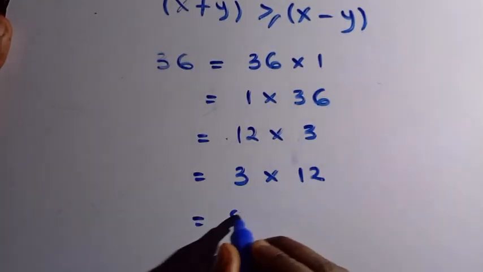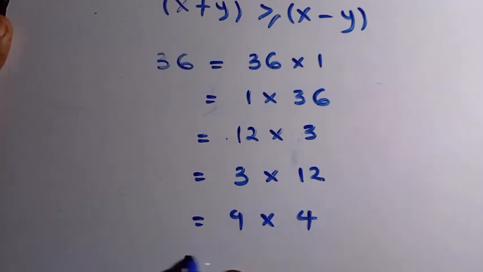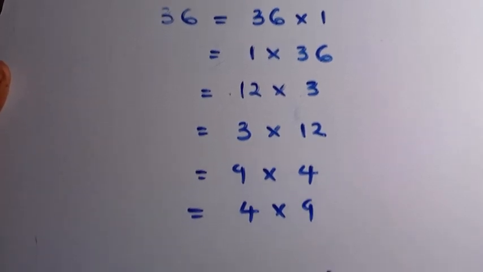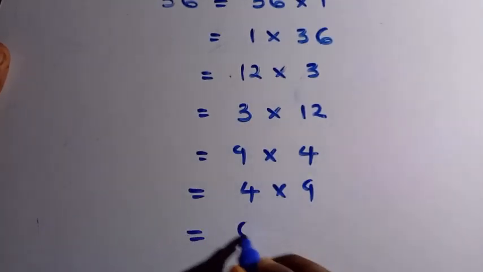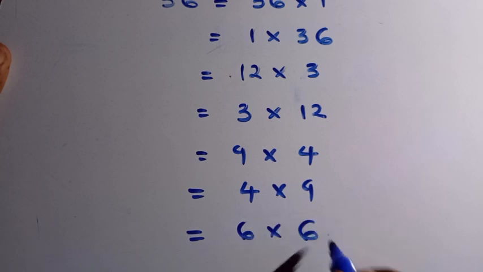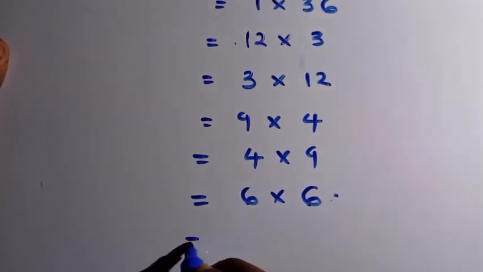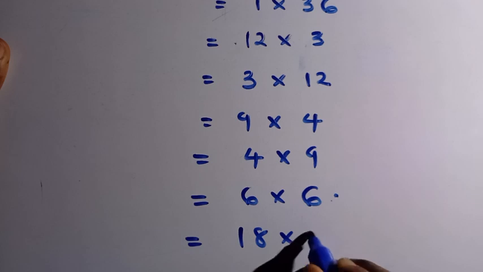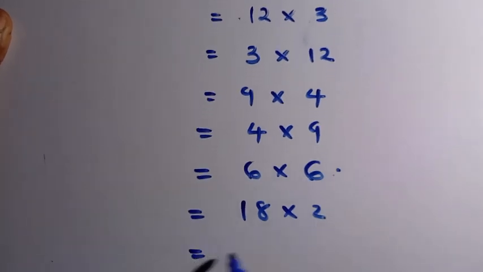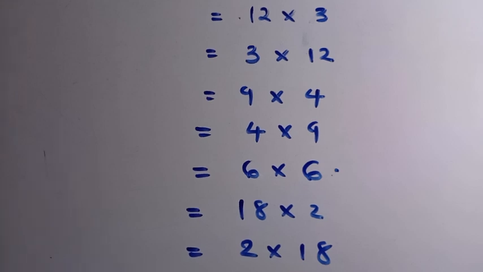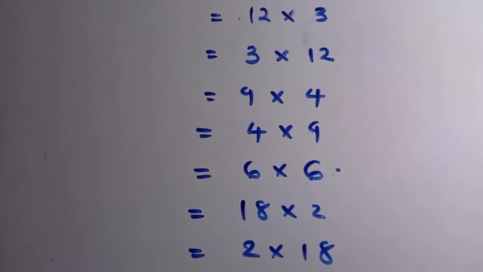Then we can have 9 times 4, or 4 times 9. After this, we can still have 6 multiplied by 6, and finally we can also have 18 times 2, or 2 times 18. So here are all the possibilities that we can have for this.